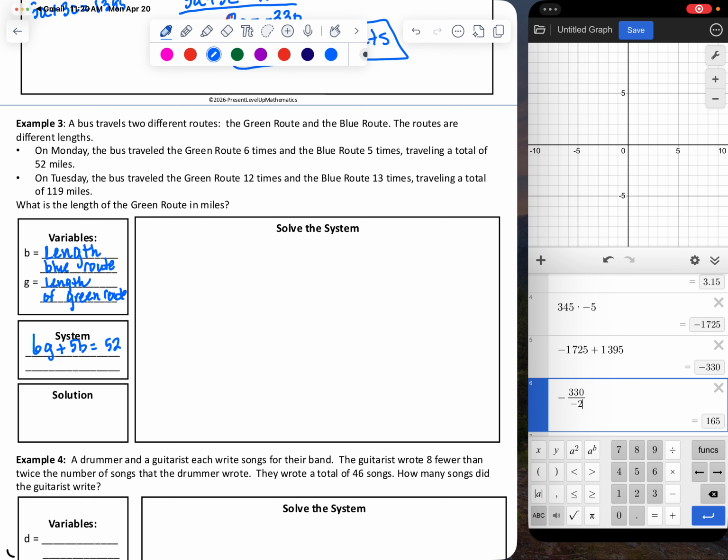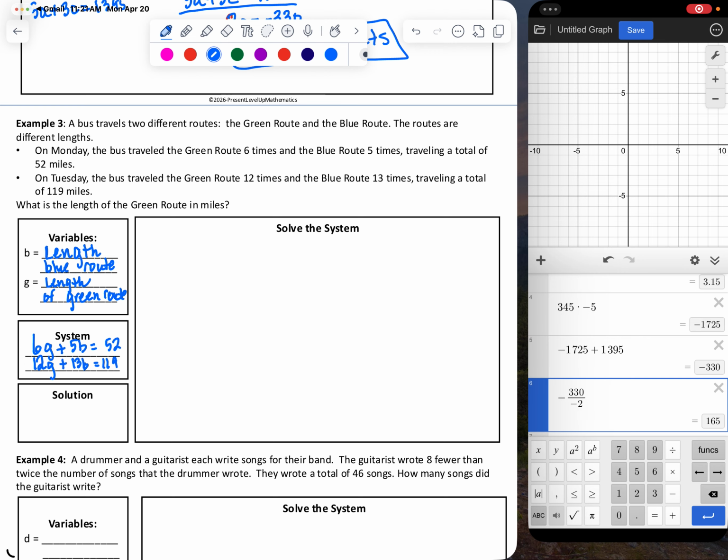On Tuesday, the bus traveled the green route 12 times, so 12G, and the blue route 13 times for a total of 119 miles. And we want to know the length of the green route. Now, in this problem, it's a lot easier to eliminate the G's because I have a 6 and a 12, and 6 will go into 12.